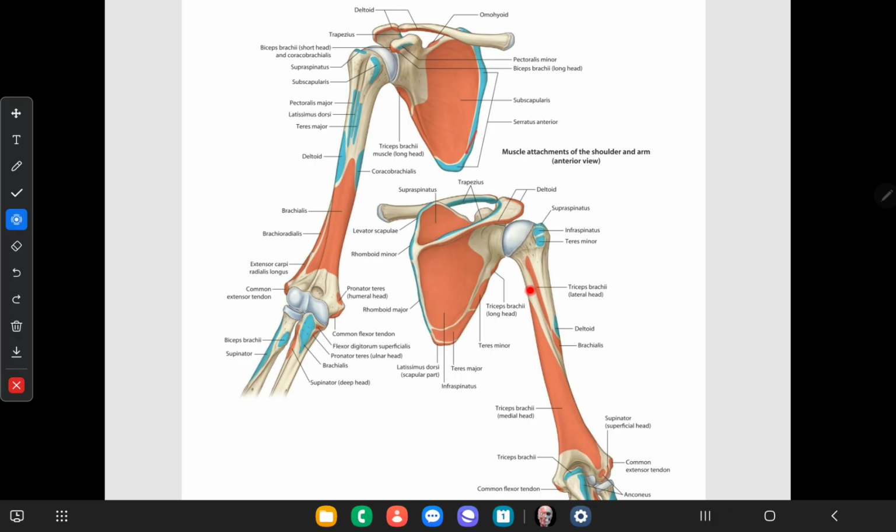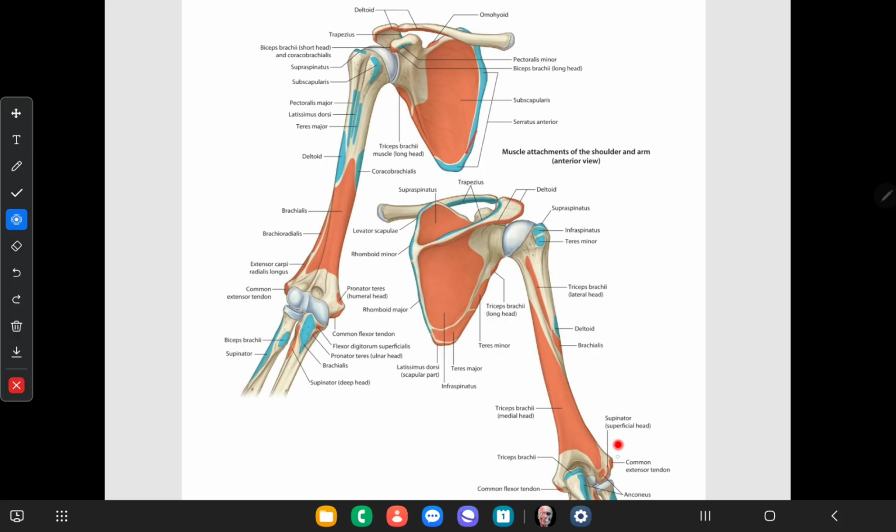And I told you when I described the humerus, there is a radial groove in the posterior aspect. Lateral to the radial groove, the posterior surface gives rise to the lateral head of the triceps, and medial to the radial groove, it gives rise to the medial head of the triceps brachii muscle.